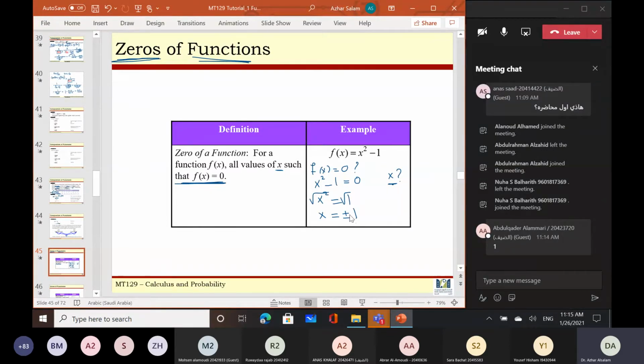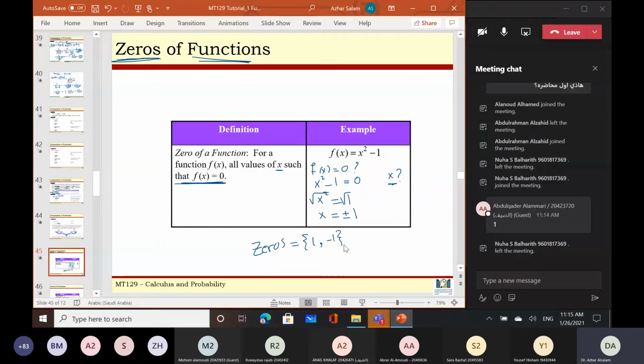دائما في الجذر أخذ موجب أو سالب. لما أطلع العدد من الجذر يكون إما موجب العدد أو سالب العدد، لأن موجب الواحد تربيع يساوي الواحد وأيضا سالب الواحد تربيع يساوي الواحد. Okay, so here the set of zeros is 1 and minus 1.